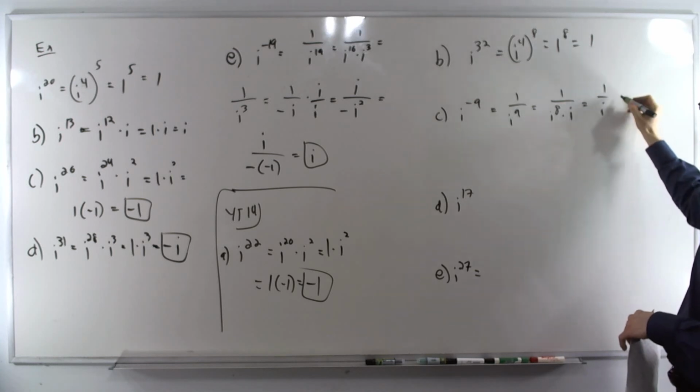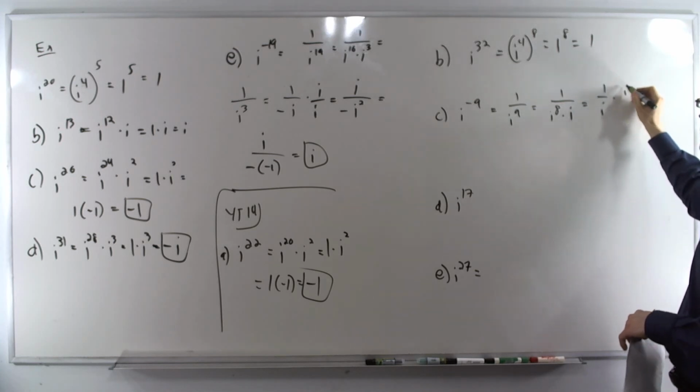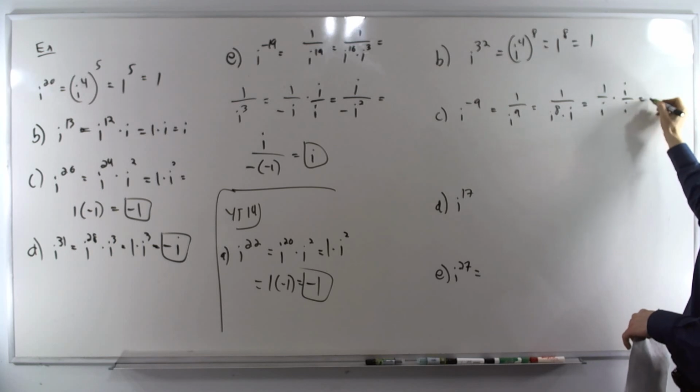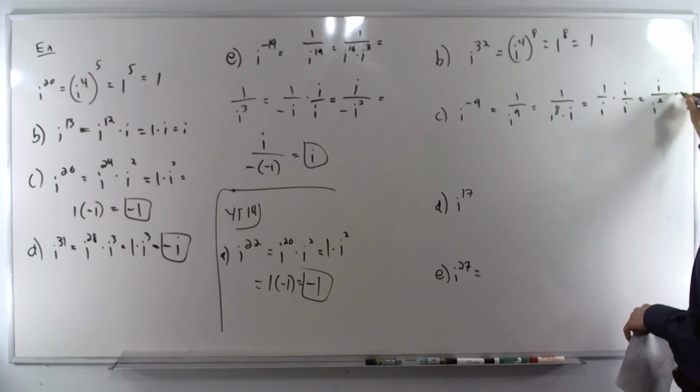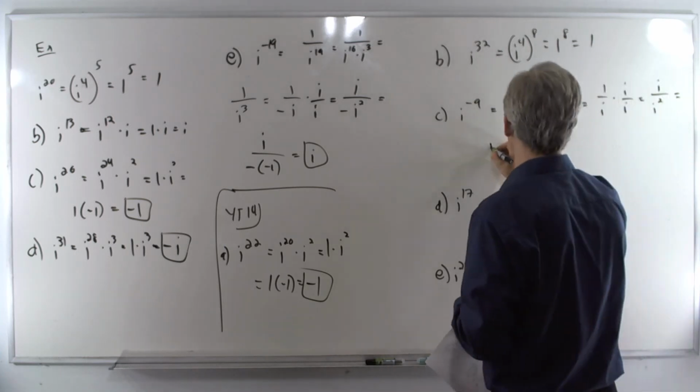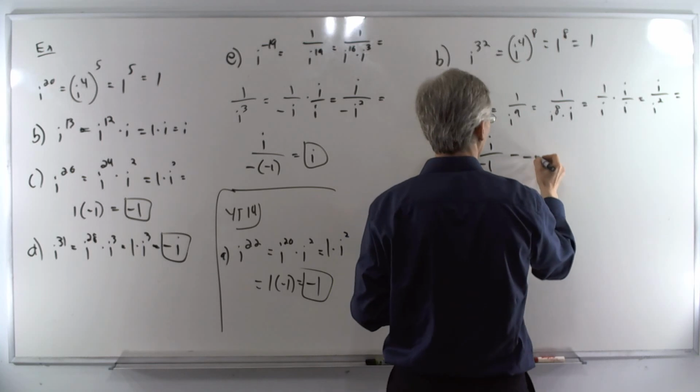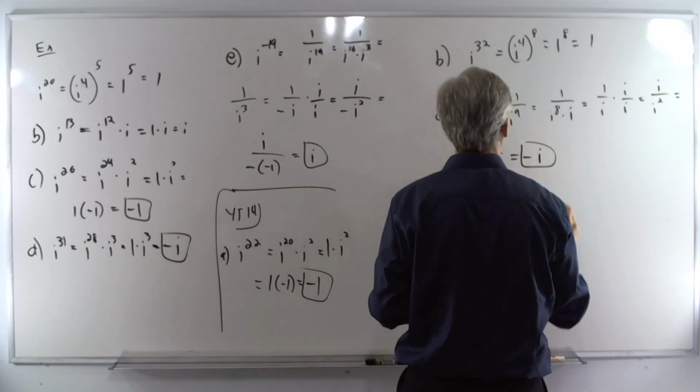Right, now we will rationalize, so multiply by i over i, which is i over i squared. i squared is negative 1, so that's i over negative 1, or negative i.